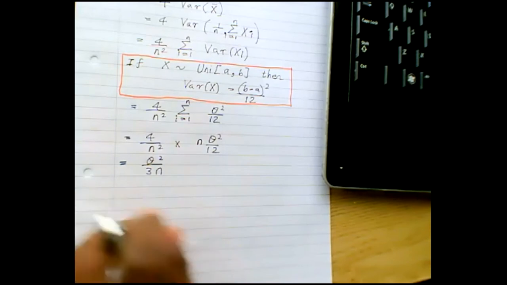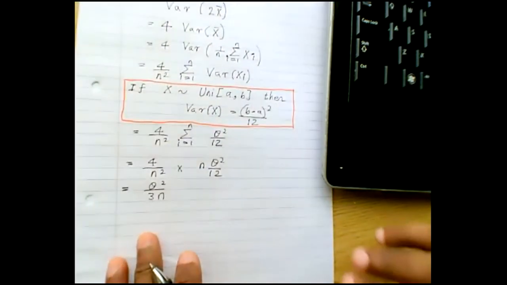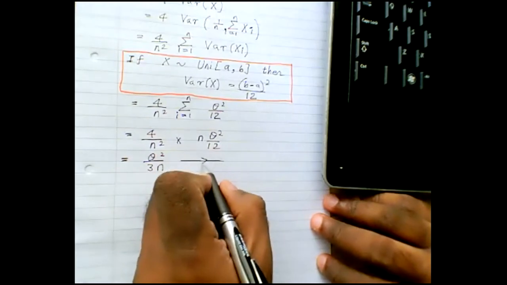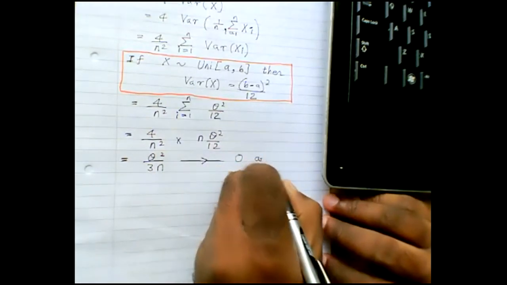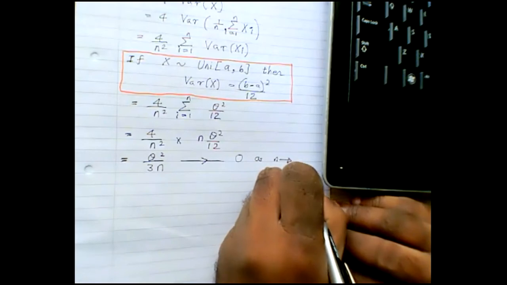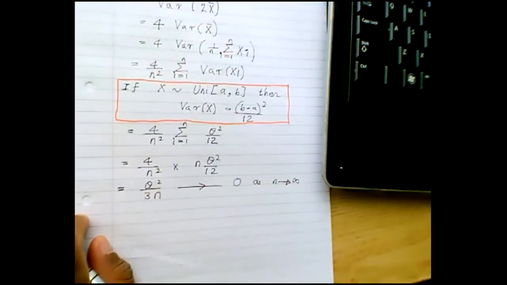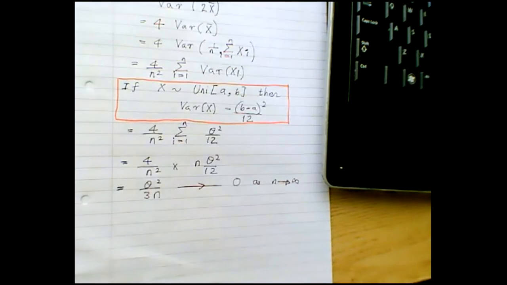That's the variance of the estimator. And as n goes to infinity, this goes to 0, which is a good thing. So this estimator has bias equal to 0 and the variance approaching 0 too. So it has all the good properties of a good estimator, right?